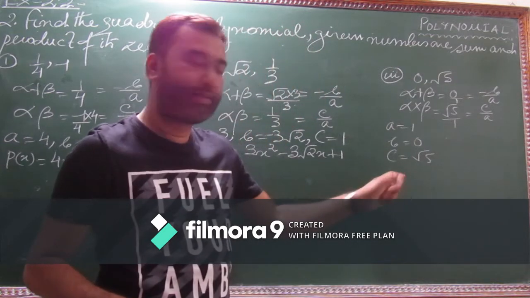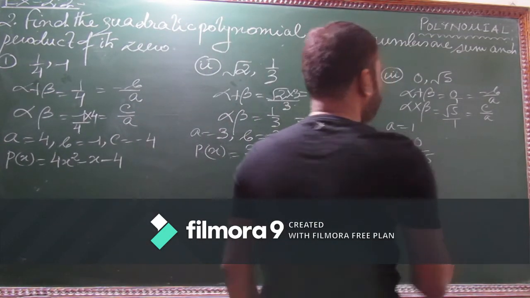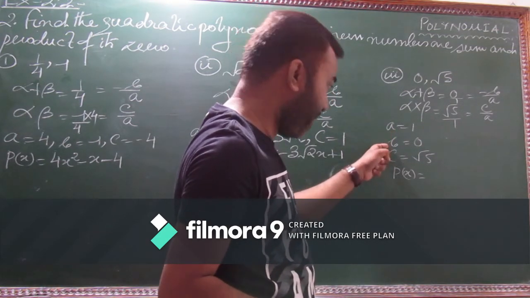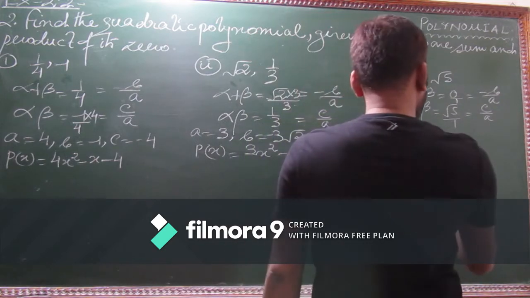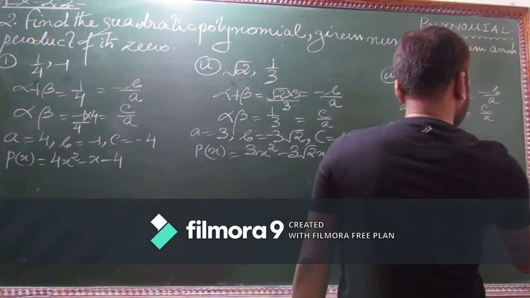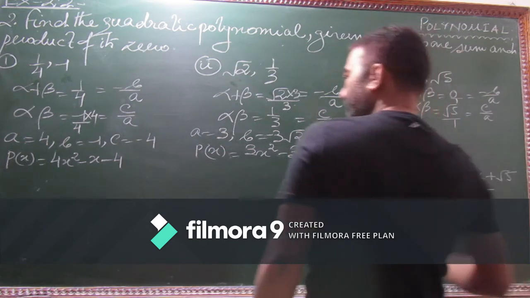It is done? It is done. So what is the polynomial? Polynomial p(x) is equal to ax square plus bx plus c. So this is x square plus 0 into x plus root 5. So this is x square plus root 5.